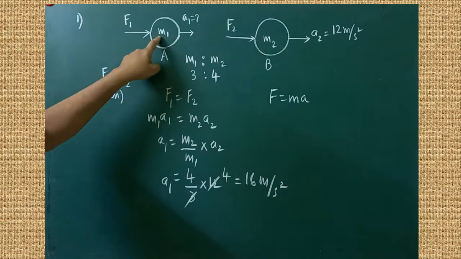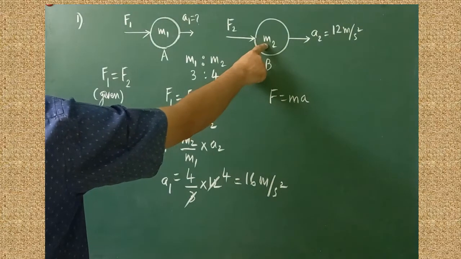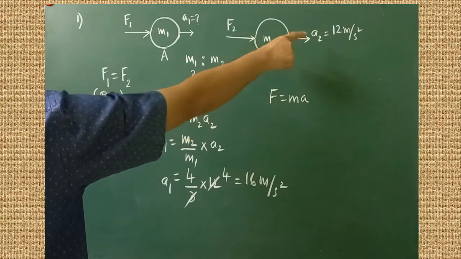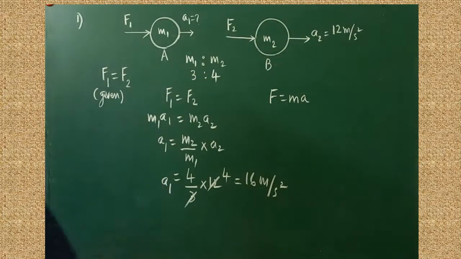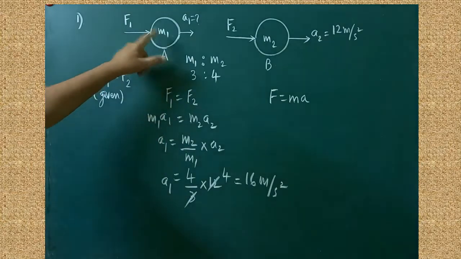If mass is lesser, what will happen? The acceleration will be greater. In this case, if mass is greater, therefore acceleration will be lesser. So by using this Newton's second law formula, this problem could be easily solved. Here we have calculated the acceleration of which body? First body. Okay.